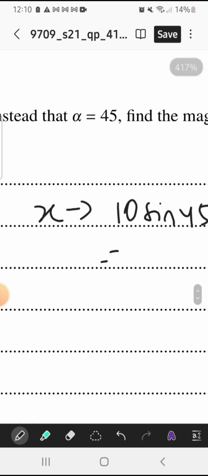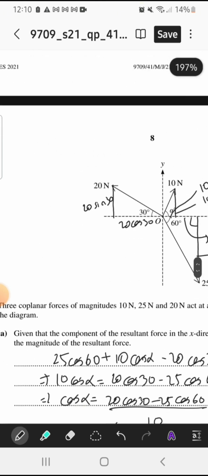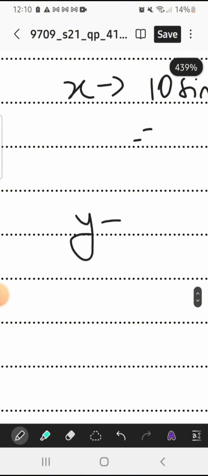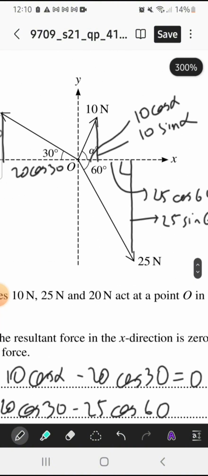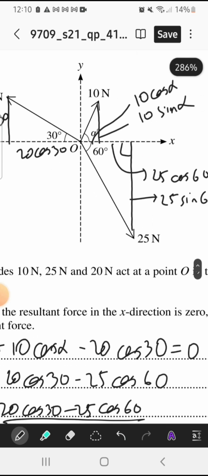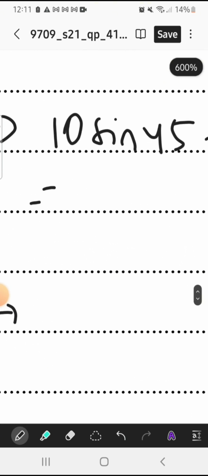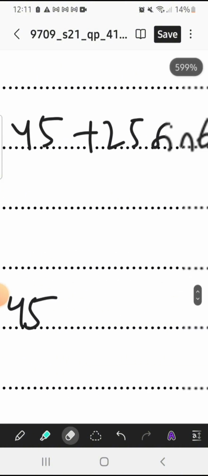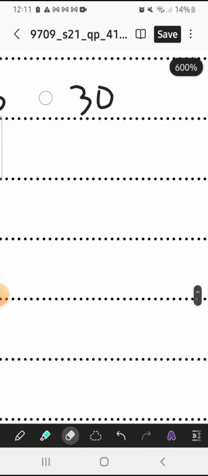And then we have y, which is going to be 10 sine alpha plus 20 sine 30 minus 25 sine 60. Earlier I said 10 sine alpha for x, but actually it's going to be 10 cos alpha, because in the x direction we found all of them to have cos.